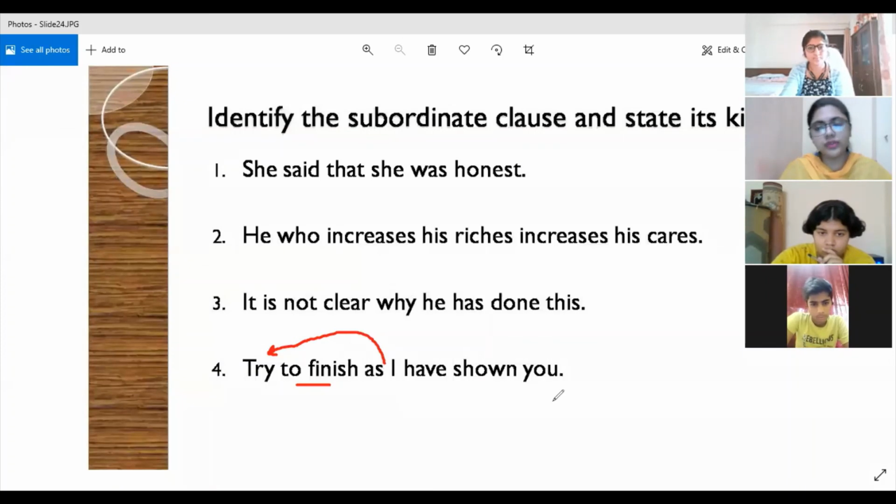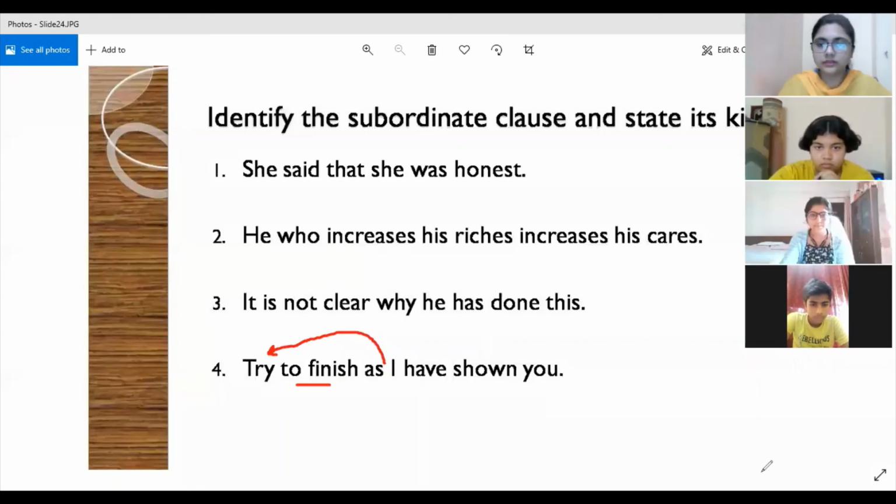So as I have shown you becomes your adverb clause of manner. Okay, is it clear to everyone? Yes. So I'm extremely sorry. I said it is modifying this verb finish. However, this is not a finite verb. This is a non-finite verb. So it is modifying this verb try. All right. So that was all. Thank you.